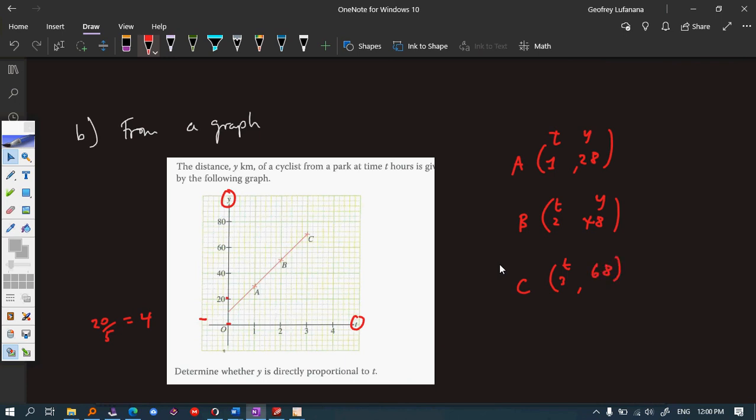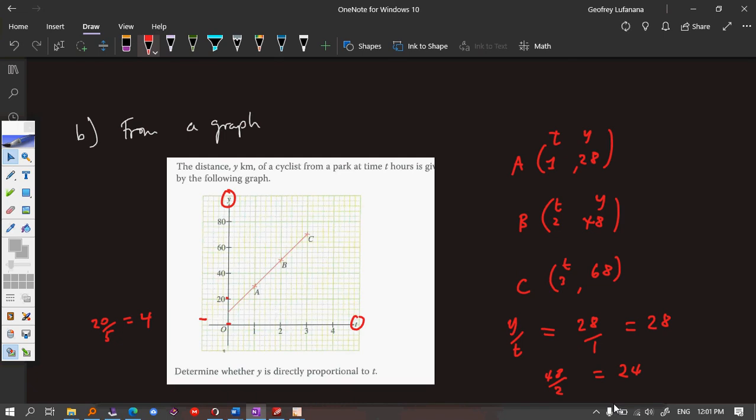Okay, so for these 3 points, I'm going to do y out of t. For point A, y out of t is 28 out of 1, which is 28. For my point B, my y out of t is 48 divided by 2, which is 24.